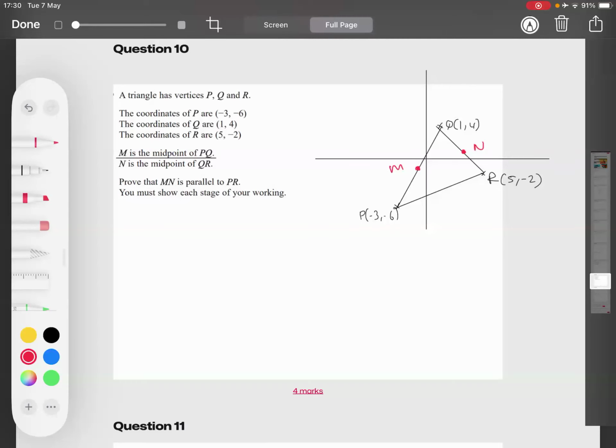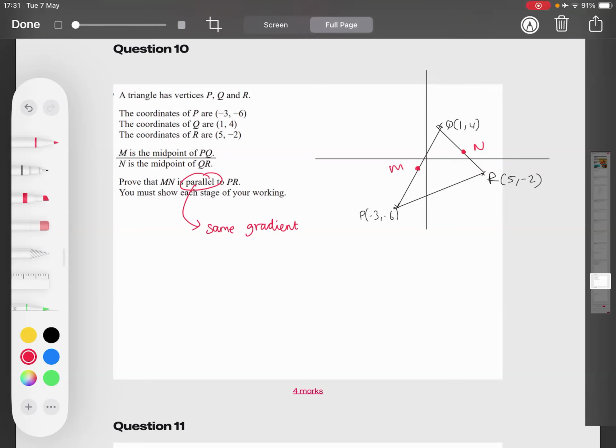So what's the mathematical definition of parallel? What does parallel mean? They have the same gradient. So the question is indirectly asking us, how do we prove that MN is parallel to PR?